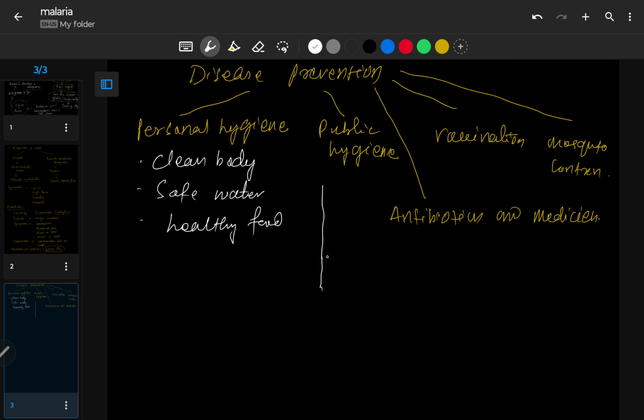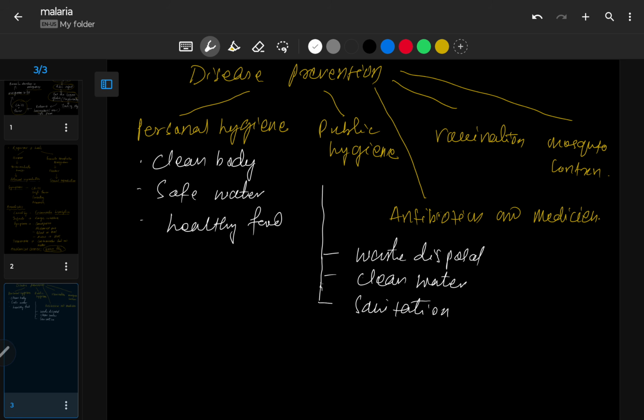It requires proper waste disposal, then clean water, which must be supplied to each and every house. Then sanitation.